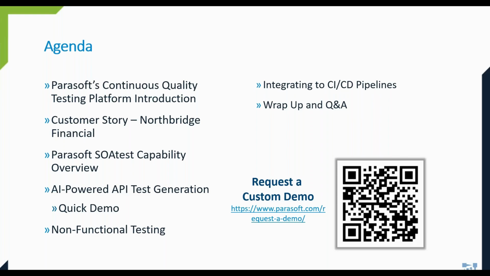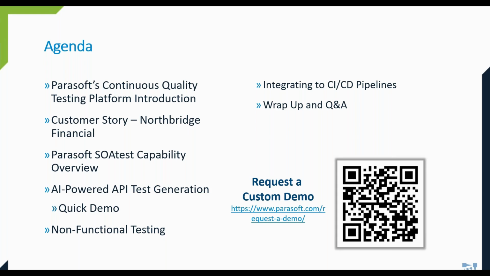Now, let's start with an intro into what we're going to go over. So we'll start with talking a little bit about the Parasoft continuous quality testing platform. Then we're going to go into how one of Parasoft's customers, Northbridge Financial, was able to leverage Parasoft SOAtest to help them overcome testing challenges so that they could meet their API testing goals.